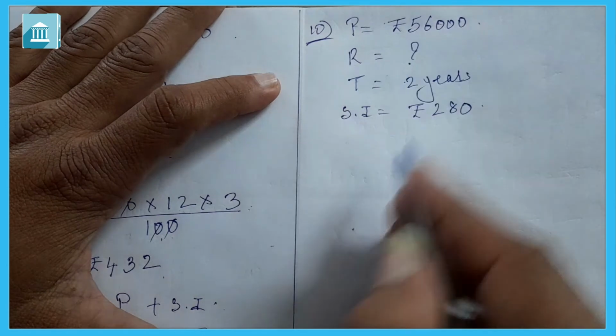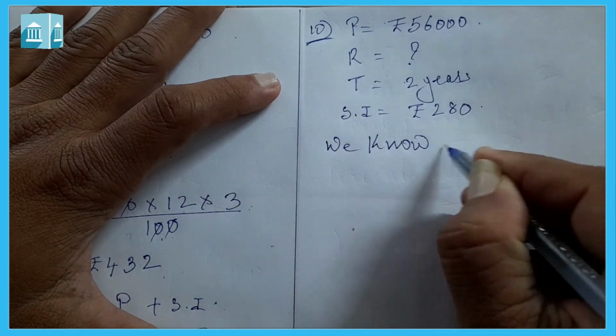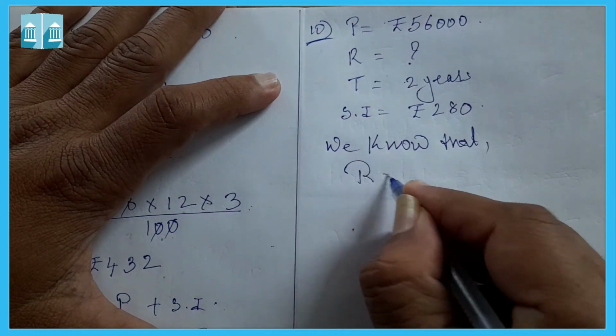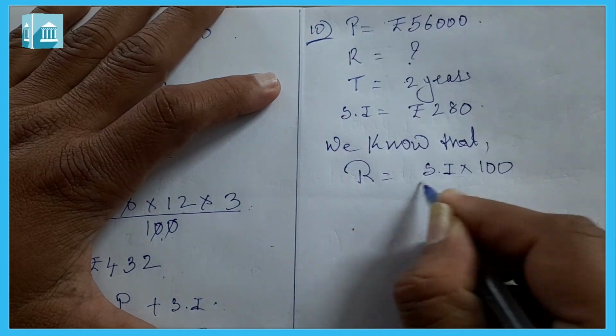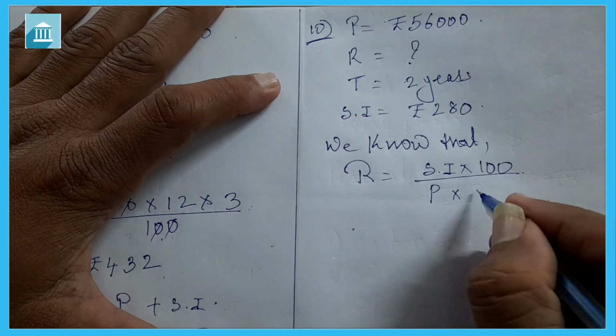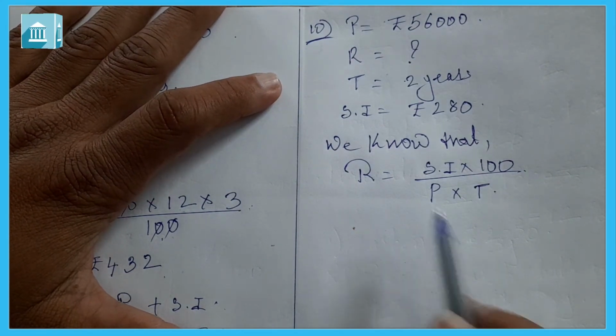Now we have to find the rate, so we know the formula: R is equal to SI into 100 upon P into T. This is the formula to find R, the rate of interest.